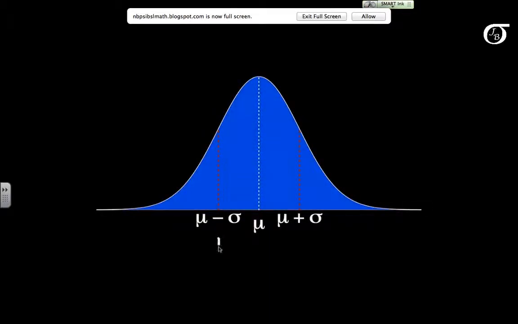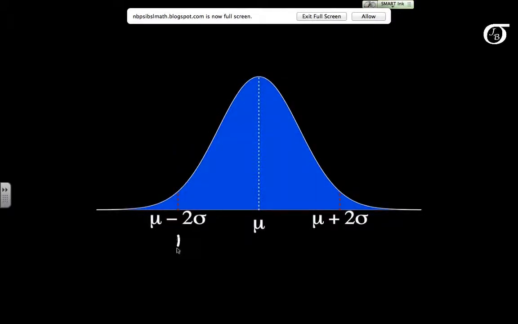Here I've plotted one standard deviation below the mean to one standard deviation above the mean. As we'll see a little later on, the area between one standard deviation below to one standard deviation above is approximately 0.68. 68% of the area lies within one standard deviation of the mean.